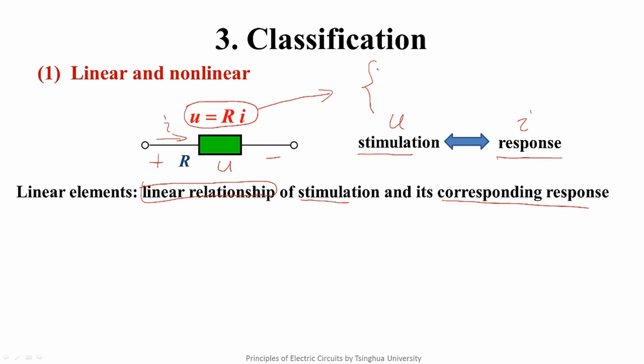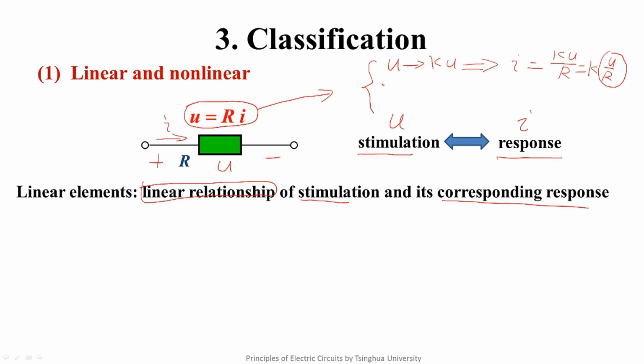It needs to be discussed in two aspects. Firstly, if the stimulation changes k times, then from the equation U equals R times I, the response must change to k times U over R. It is equal to U over R times k. So the response becomes k times the former one.